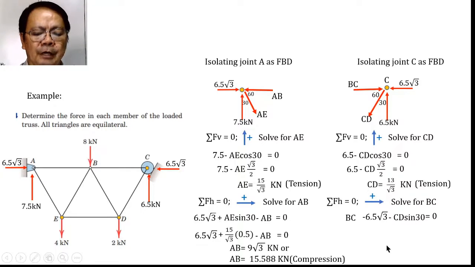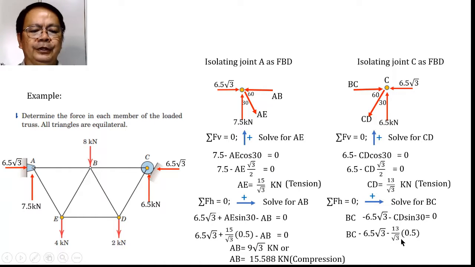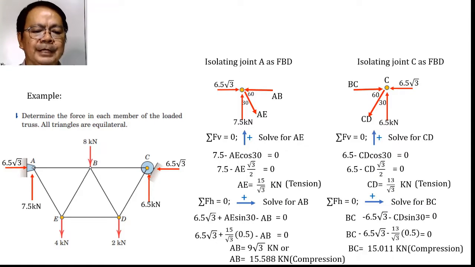So from here, substitute natin yung value ng CD, which is taken at 13 over the square root of 3 multiplied by sine of 30 is 0.5. So we have here 13 over the square root of 3 times 0.5 shall be equal to 0. And so BC will be equal to 15.011 and directed towards the joint. Therefore, this will be in compression.